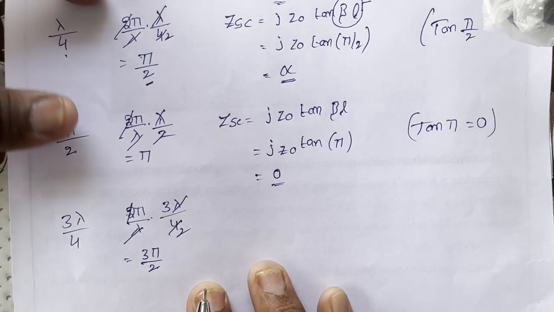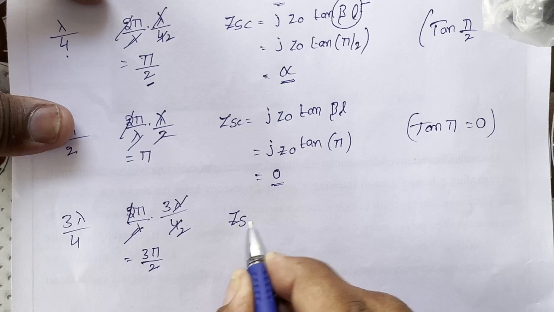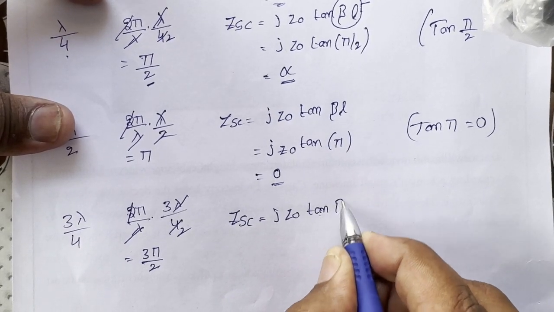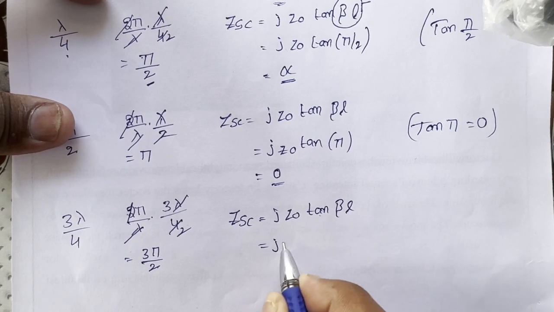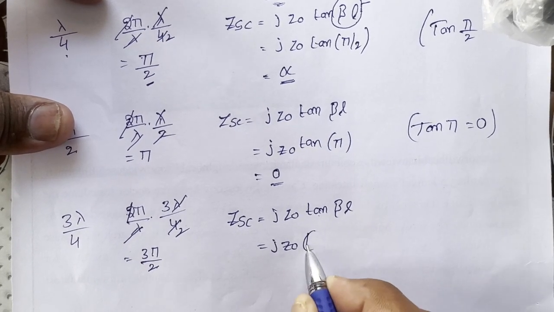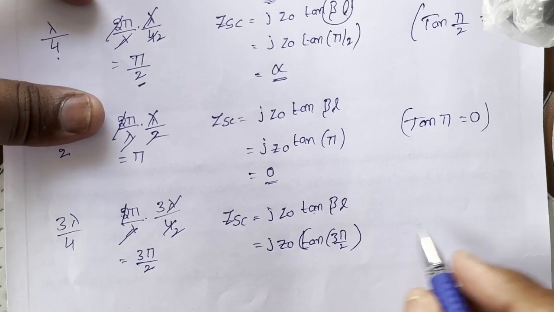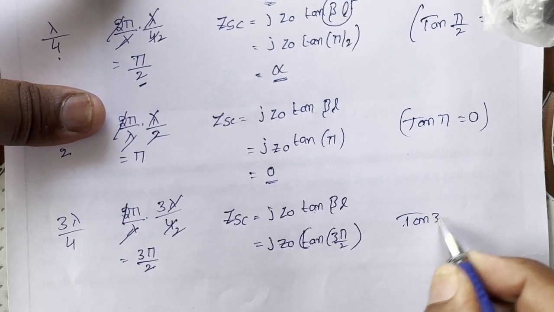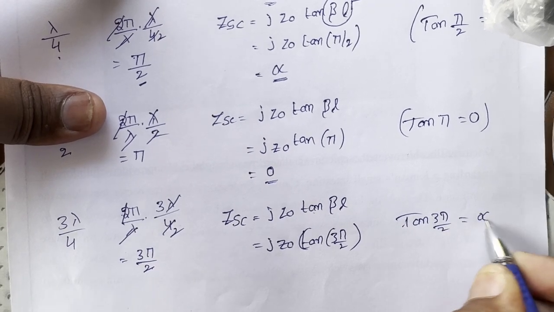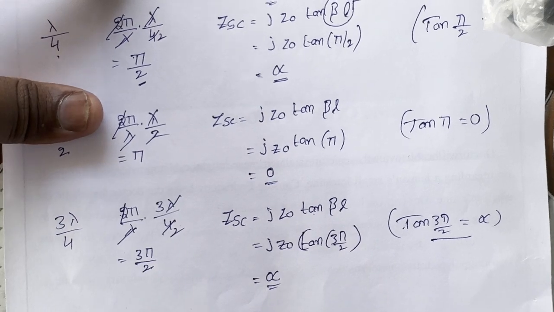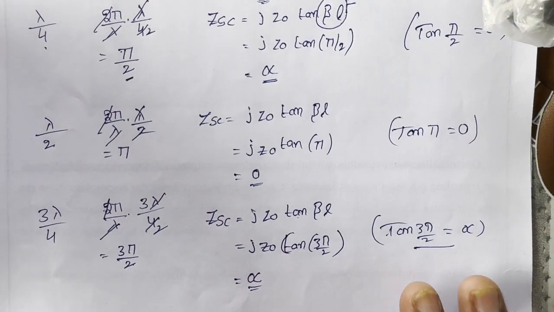Then ZSC is equal to j Z0 tan beta L, that is j Z0 tan 3 pi by 2. The value of tan 3 pi by 2 is infinity. So ZSC is infinity. Now these are the 4 cases we are assuming.